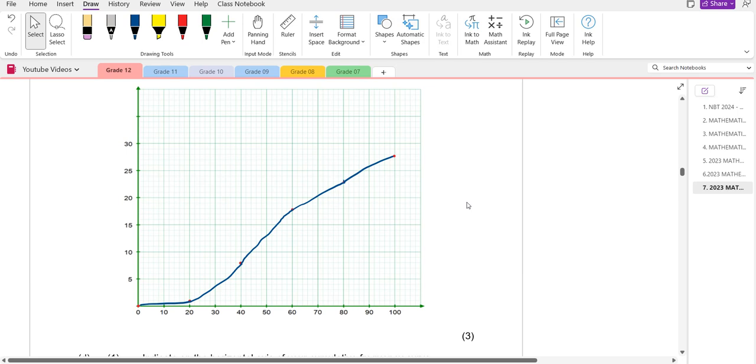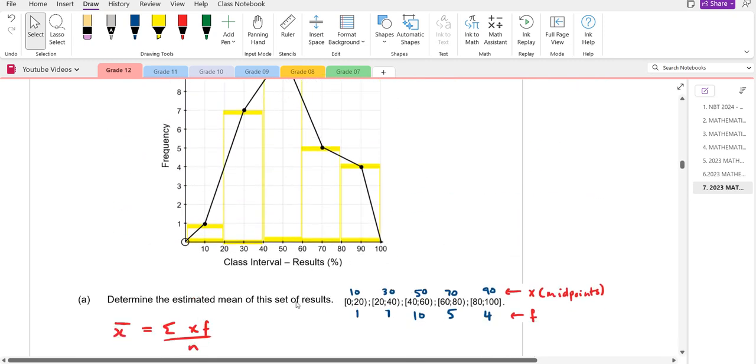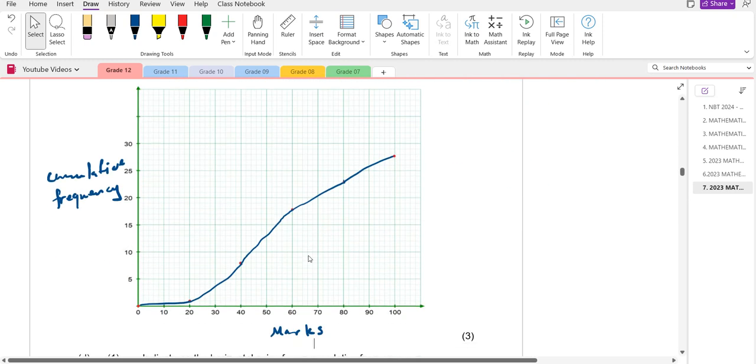So remember, on this side is the cumulative frequency. Write it down, cumulative frequency, and this is the marks obtained. Right, that's the marks on the x-axis. I think that's what it was. Class interval results, or just write class intervals.